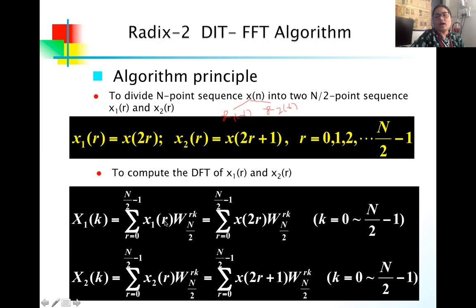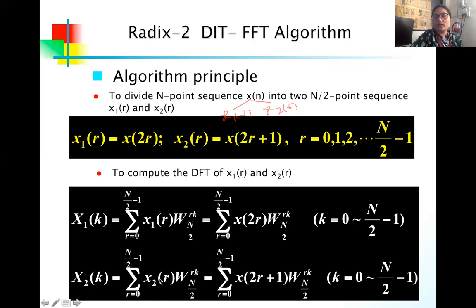What is x1 of r? x1 of r is nothing but x of 2r. So this is substituted here: summation r varies from 0 to N by 2 minus 1, x of 2r, W raised to rk with suffix N by 2. In this way the first partition is calculated. The second partition is calculated as x2 of k, which is equal to the summation, r varies from 0 to N by 2 minus 1, of x2 of r, W raised to rk with suffix N by 2.